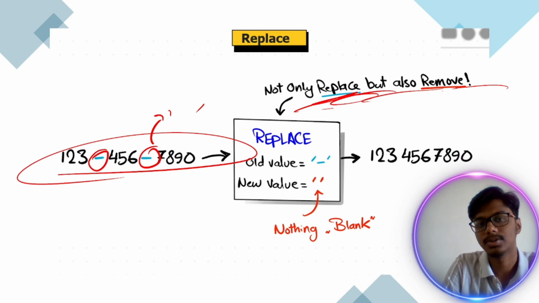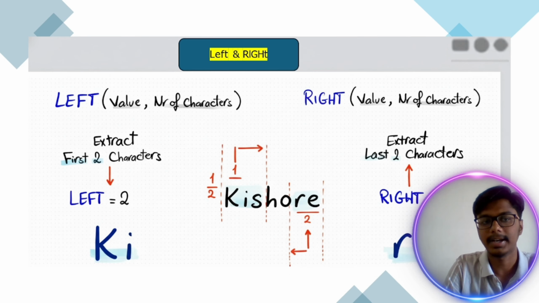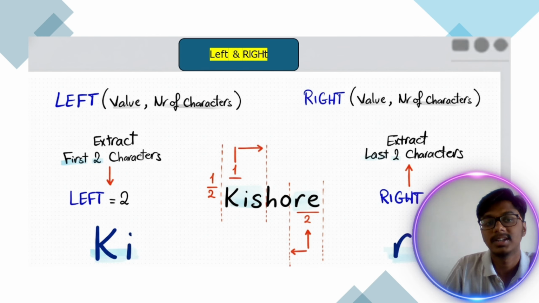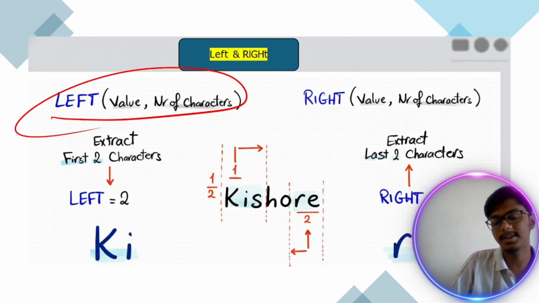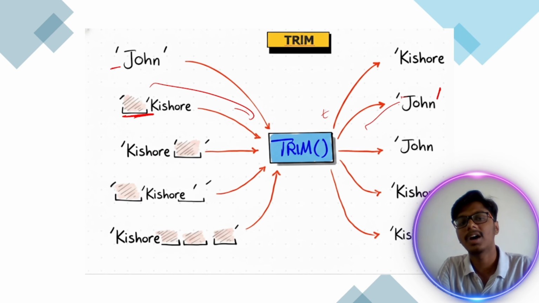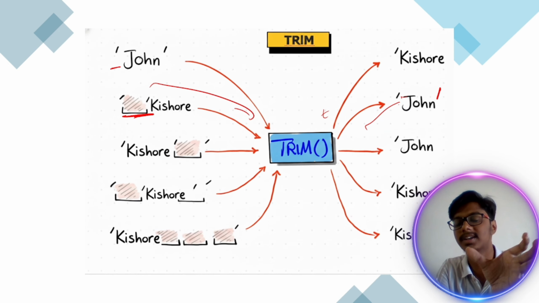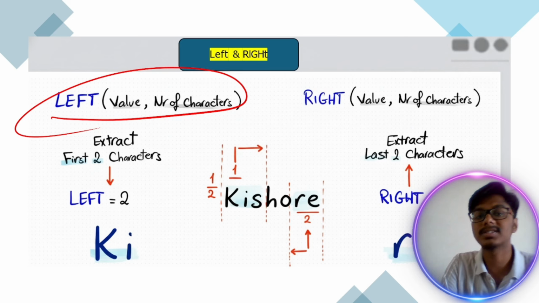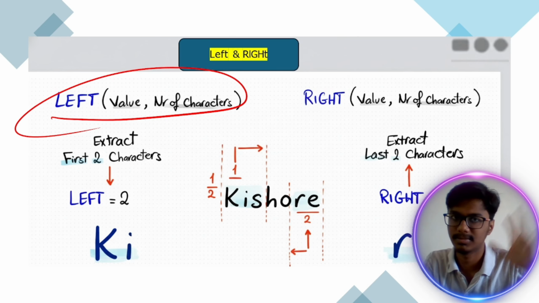So let's discuss this in detail. We are going to discuss the left and right functions. What do the functions mean? Let's discuss the syntax. When we give a function, it gives some output, but the left function has some syntax.